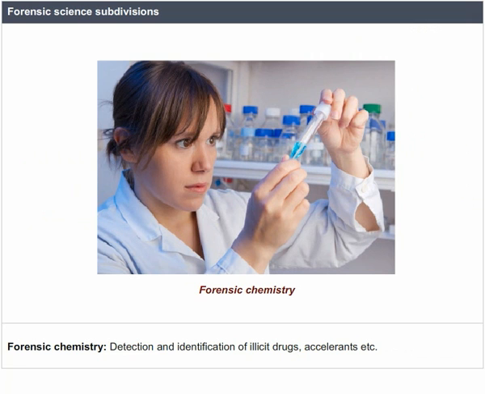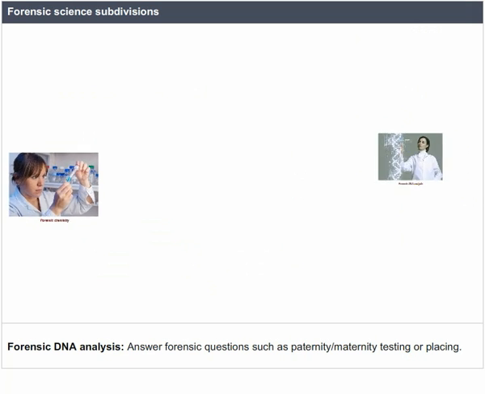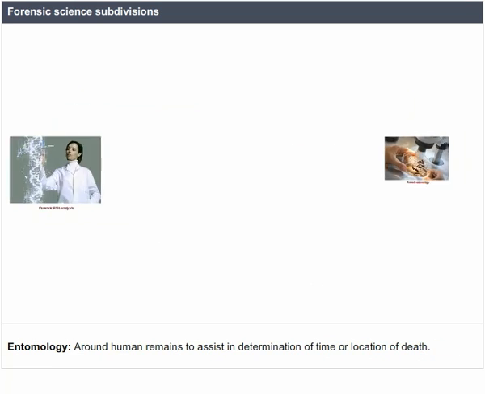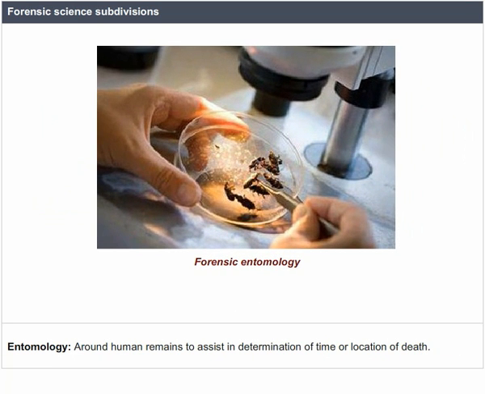Forensic chemistry: detection and identification of illicit drugs, accelerants, etc. Forensic DNA analysis: answers forensic questions such as paternity or maternity testing. Entomology: insects around human remains to assist in determination of time or location of death.